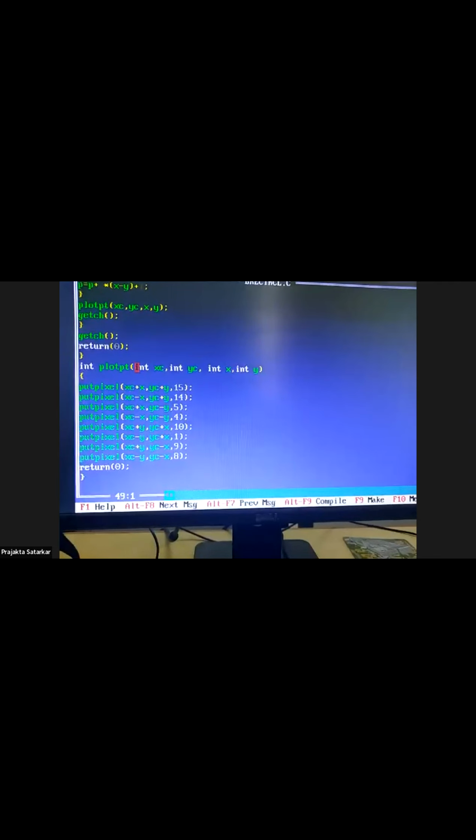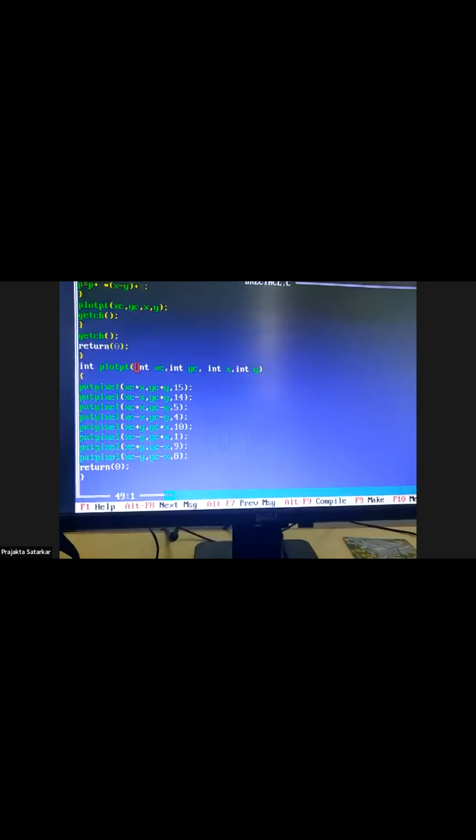So the first 4 combinations, you can observe, have x and y values in the same order. So xc plus x, yc plus y, so plus plus combination. Then next is minus plus. In the third line you have plus minus, and in the fourth line you have minus minus combination.